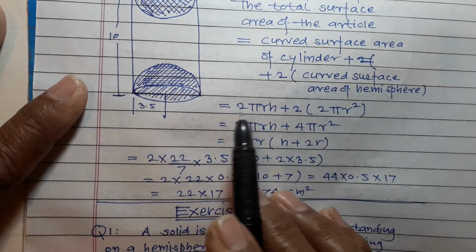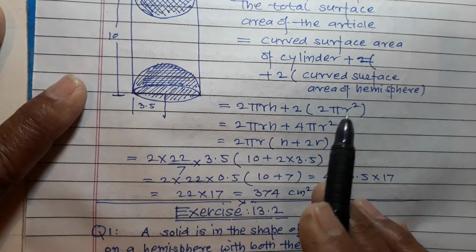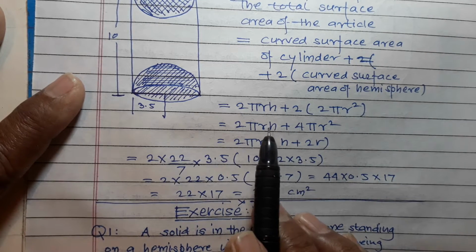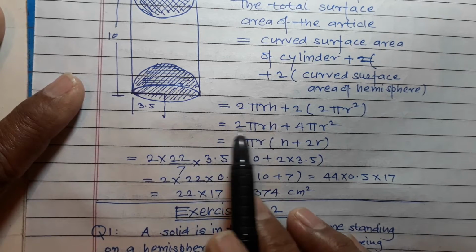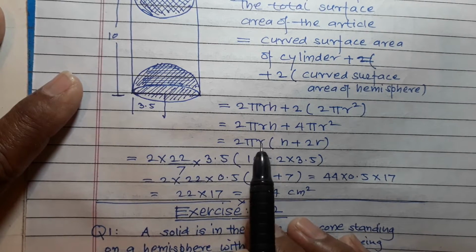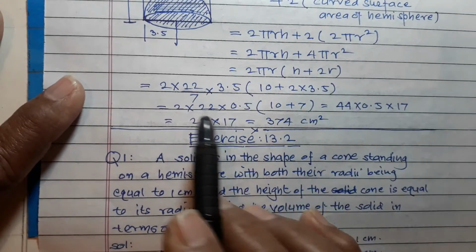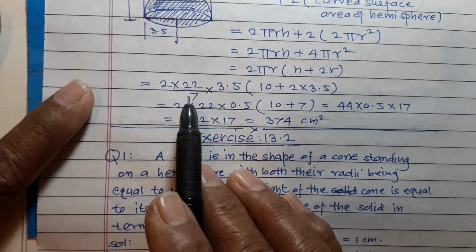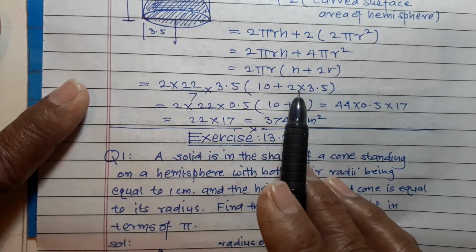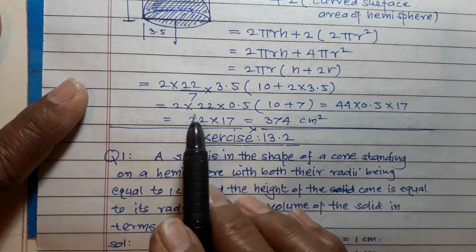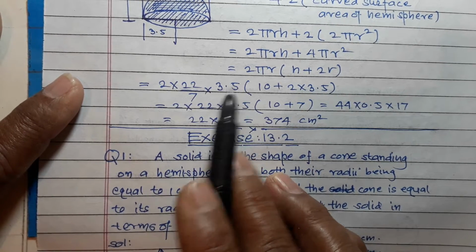Now it is equal to 2 pi RH plus 2 into bracket 2 pi R square. So 2 pi RH plus 4 pi R square. In this case, take 2 pi R common: 2 pi R into bracket H plus 2R. Substitute values: 2 into 22 upon 7 into 3.5 into bracket 10 plus 2 into 3.5. 2 into 22, and this 7 and this 3.5 are divisible.